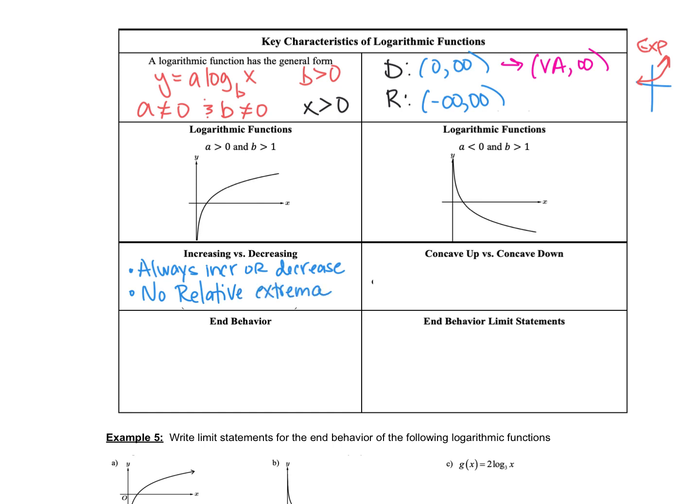And the nice thing is that also applies to concavity, just like it did with our exponential. They're either always concave up or always concave down. So no points of inflection.